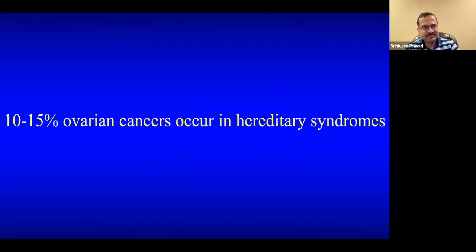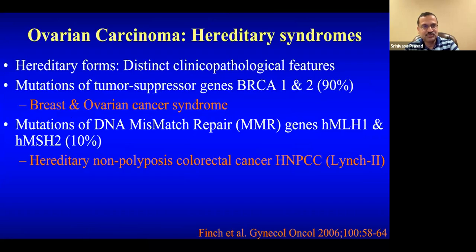And what's interesting is that almost 10 to 15% of ovarian epithelial cancers occur in patients with a hereditary predisposition. Two main ones are the BRCA1 and 2, or breast cancer antigen gene abnormalities. They present with both breast and ovarian cancer syndromes.